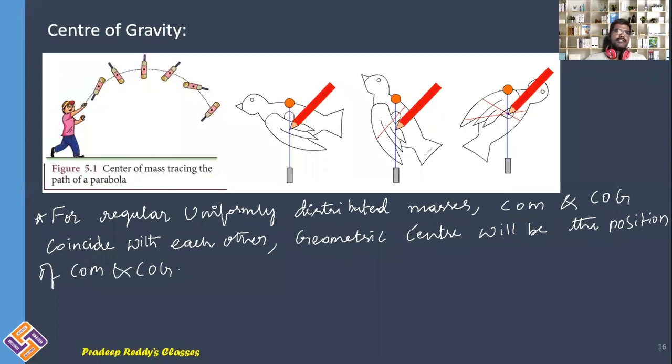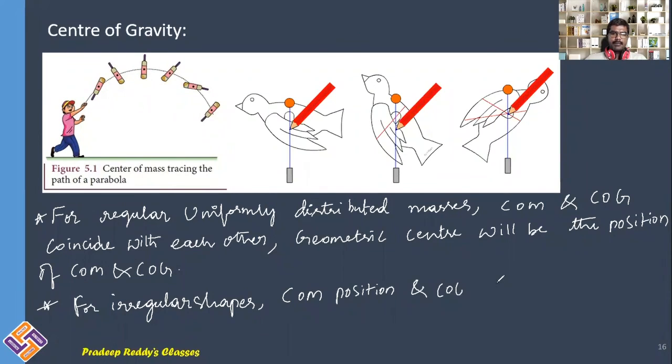For regular shaped objects this is valid, but for irregular shapes, the center of mass position and center of gravity position are not the same.